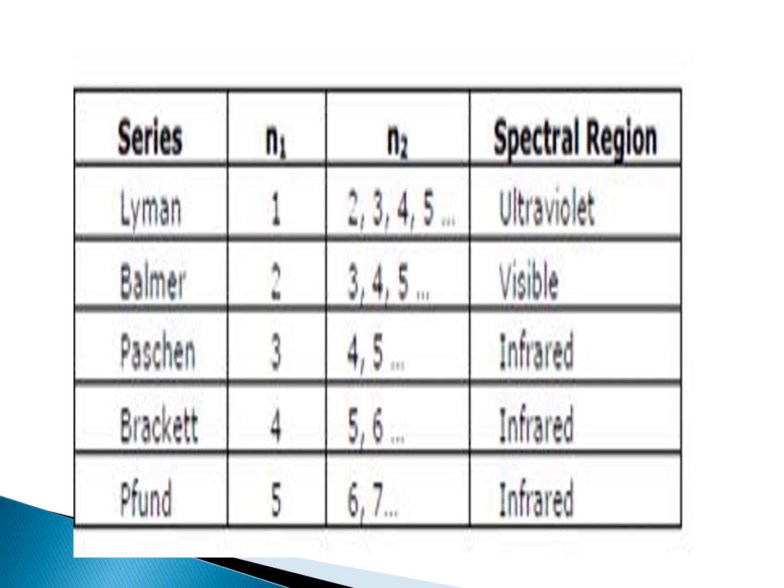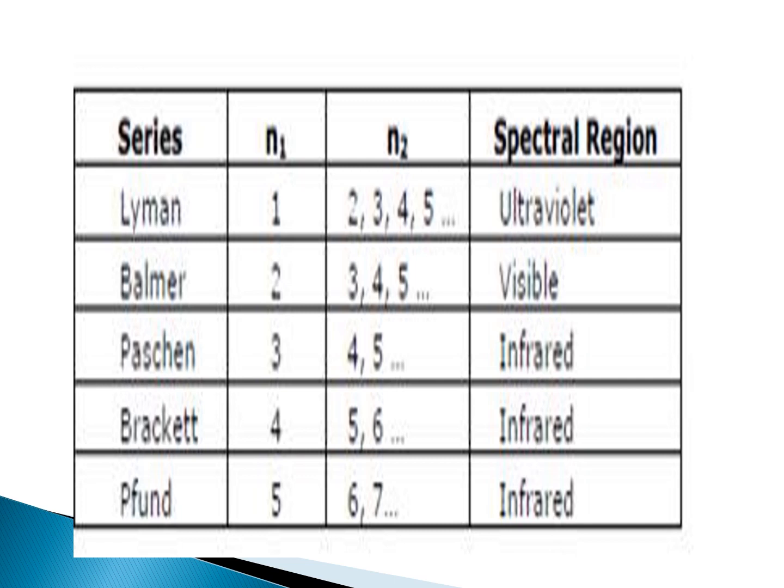This formula was first described for the Balmer series. The series of lines described by this formula are called the Balmer series. The Balmer series lines are the only lines in the hydrogen spectrum which appear in the visible region. But Johann Rydberg noted that all series of lines in the hydrogen spectrum could be described by the same formula.